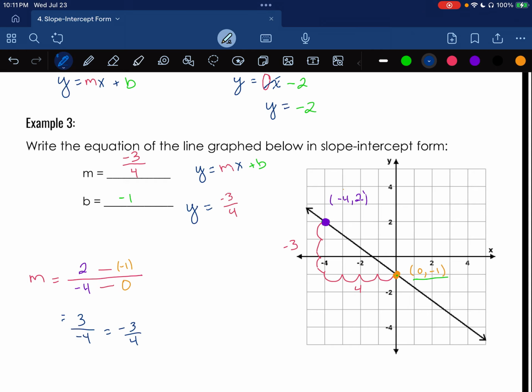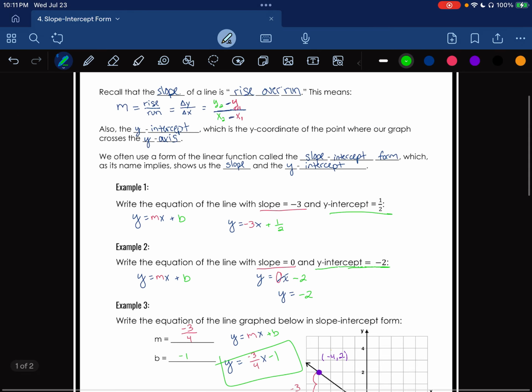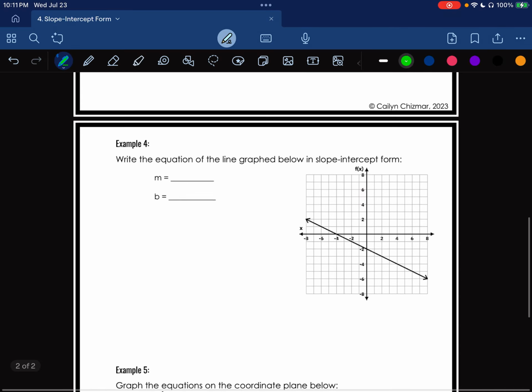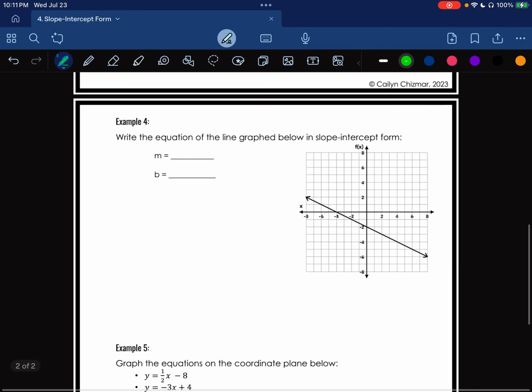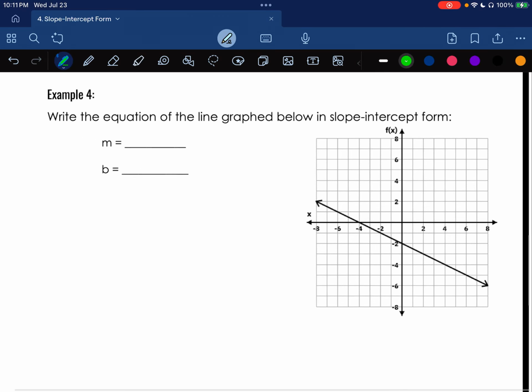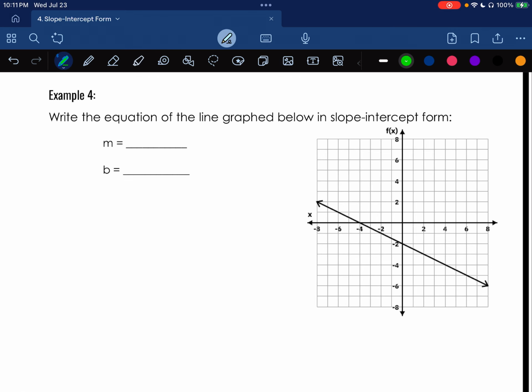We are going to write the equation of the line graphed below in slope-intercept form. Okay, so what we want to do, same thing, look for the slope.